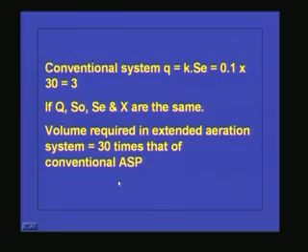Here we have to give much more time for the auto-oxidation of the cells, because in the conventional activated sludge process we keep the system in the stationary growth phase, but in the extended aeration system we aerate it for such a long time that all the external carbon source is completely utilized and the internal carbon source is utilized afterwards.